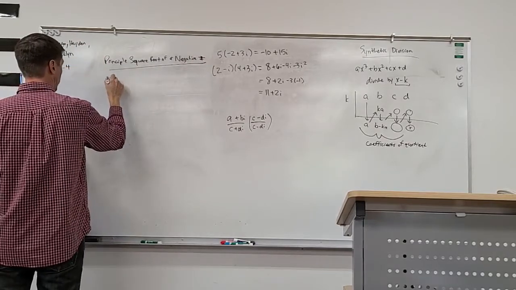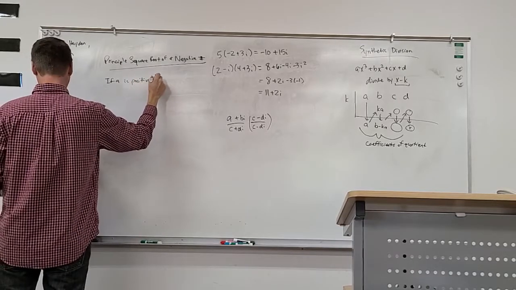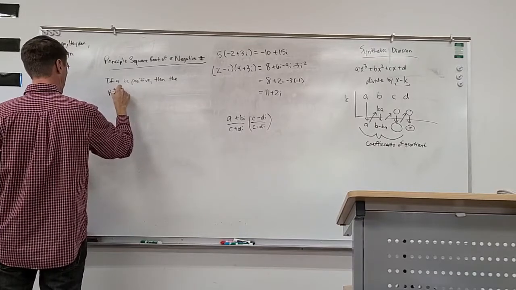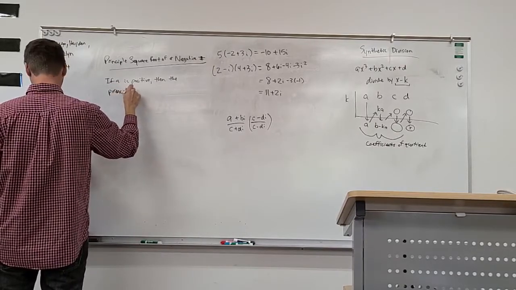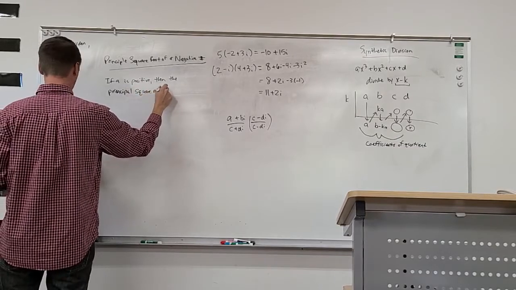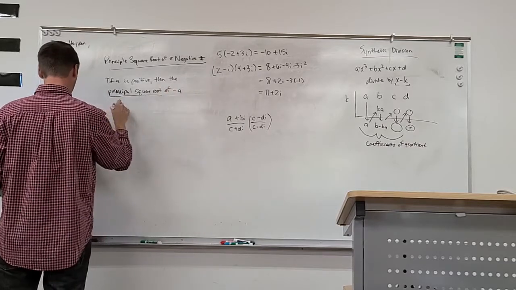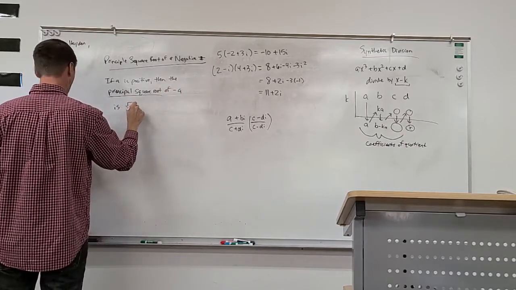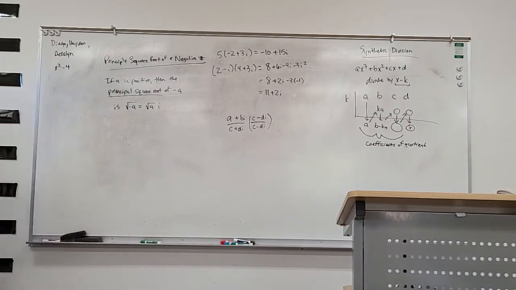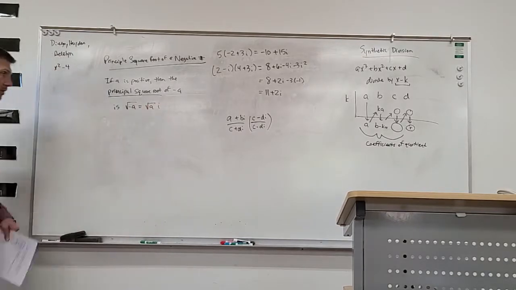If a is positive, then the principal square root of negative a is: square root of negative a equals square root of a times i, where i is outside of the square root.